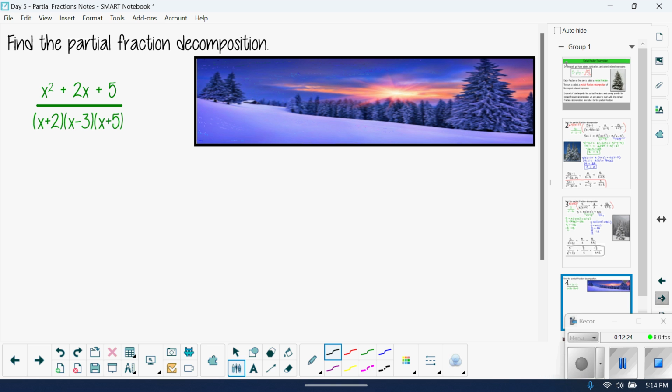So we're going to start off by doing our 3 fractions. So we've got x squared plus 2x plus 5. And then we're going to be doing our 3 fractions here.